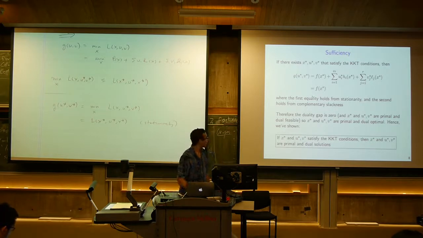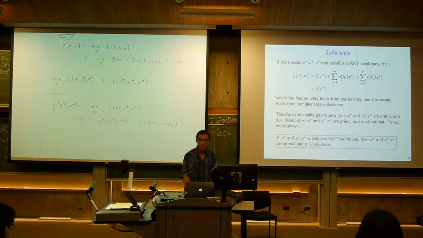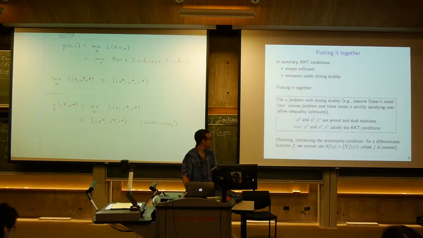So what we've just shown in two or three lines of thought is that if x star and u, v star satisfy the KKT conditions, then you must be looking at optimal primal and dual solutions. Putting that all together, the KKT conditions are always sufficient.